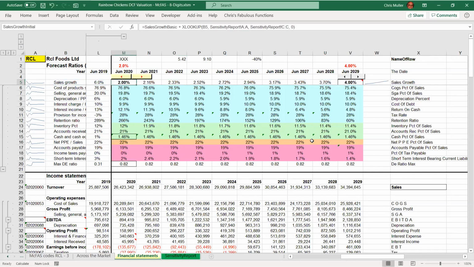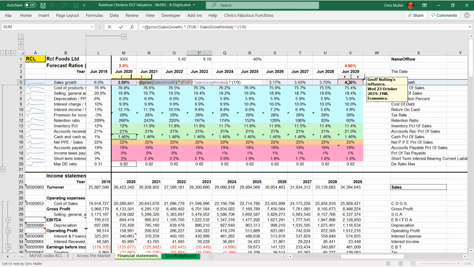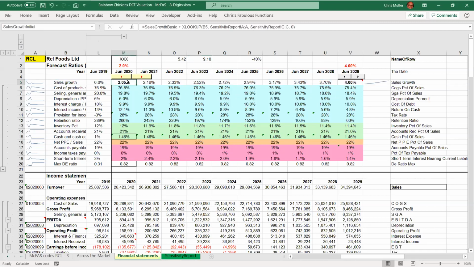In order to get from there to there, I've got 9 steps. And so I take the prior sales growth in the cell before, and I multiply it by the terminal growth rate, which is the guy called 4 there, and I divide it by my initial sales growth, which is the 2, and I raise it to the power of 1 over 9. And that will give me the factor to apply over just 1 year.